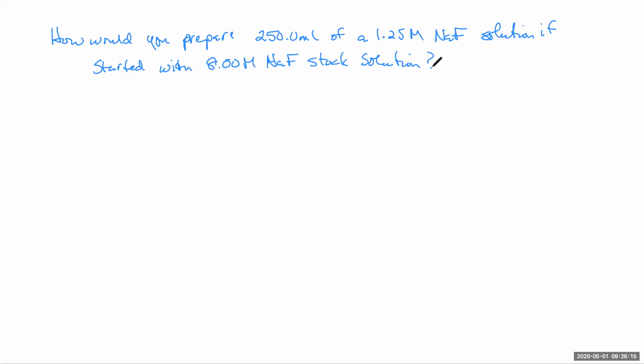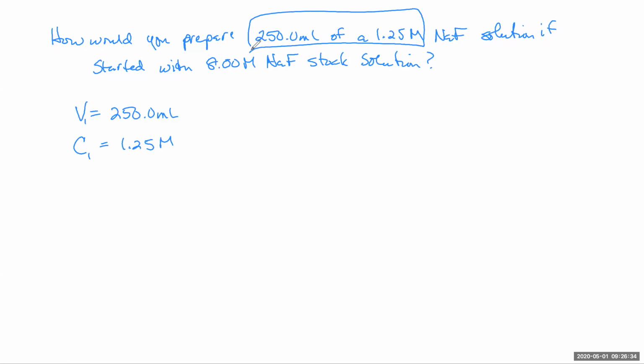So this is a dilution problem, right? And so what values do we know? We know we have a volume of 250 milliliters when we have a concentration of 1.25 molar. Those are at the same time. That's what we want to get. What else is given to us? We're starting with a concentration of 8.00 molar.